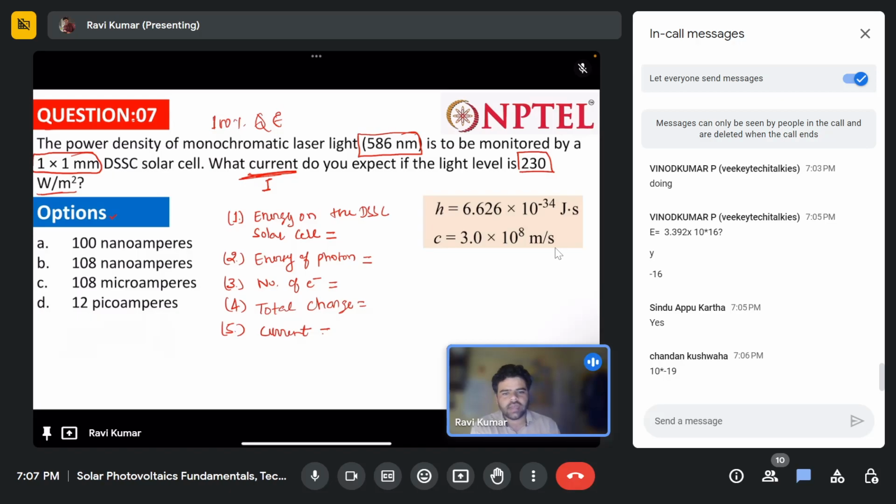Yes, Chandan, minus 19. So energy of photon here will be 3.392 into 10 raised to the power minus 19 joule.